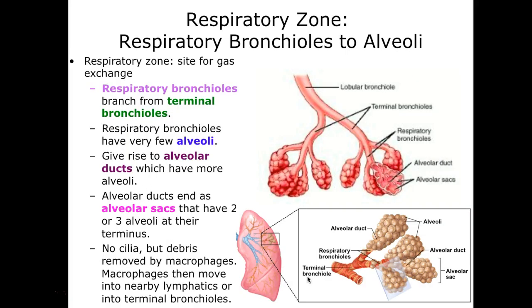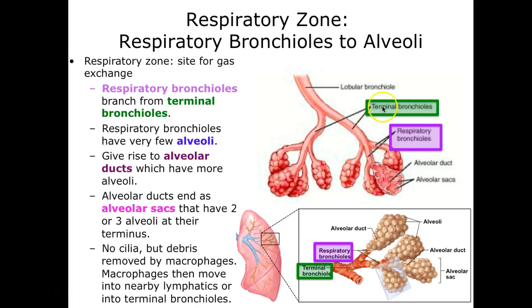So once we enter this respiratory zone, what that means is as we get to those terminal bronchioles, we give a branch called respiratory bronchioles. So at the respiratory bronchioles, we can now allow some gas exchange to take place.